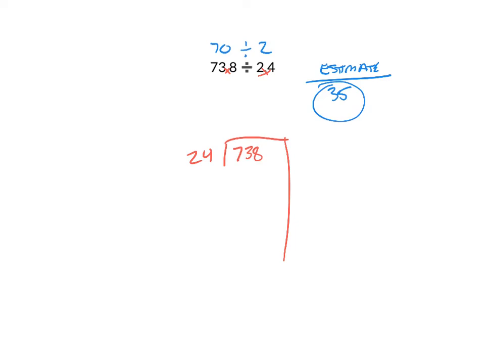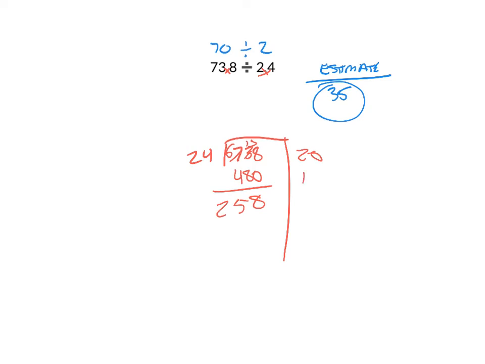So I know 10 24s is 240. So 20 24s would be 480. Let's do that. Let's go 20. And so 24 times 20 is 480. I've got 8, 13, 13 minus 8 is 5, 258.